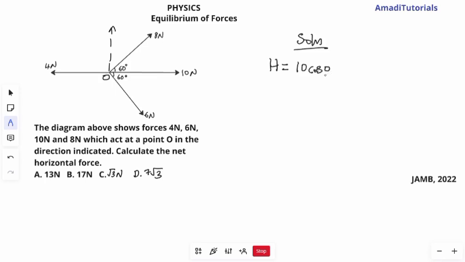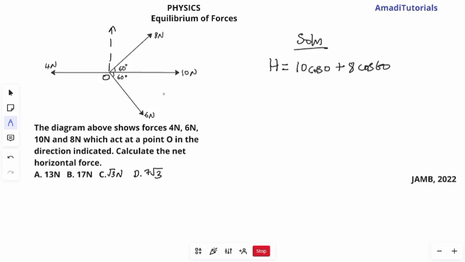Plus, what's the next force on the right? This one, 8 Newton. If you resolve that, it will be 8 cos 60, because its angle with respect to the horizontal is 60 degrees. Assuming you were to resolve to the vertical, this cos would have been sine.